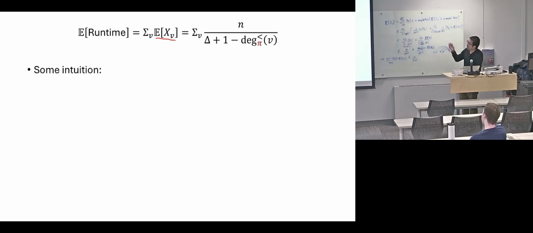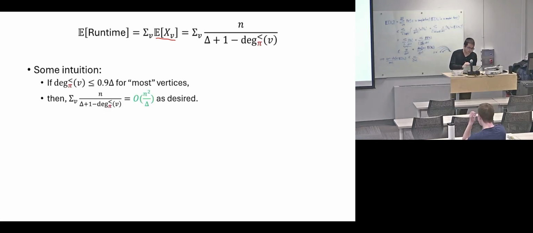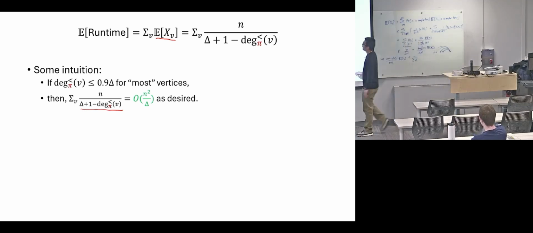Just for some intuition about this, if the degree before v is not too big, let's say it's not too big for most vertices, then you're going to get that this sum here, each term is going to look like 1 over delta. If this is the case for, let's say, all vertices even, then each of these terms is like 1 over delta, and you sum over all nodes. So it's like n squared over delta, which is kind of what we want.